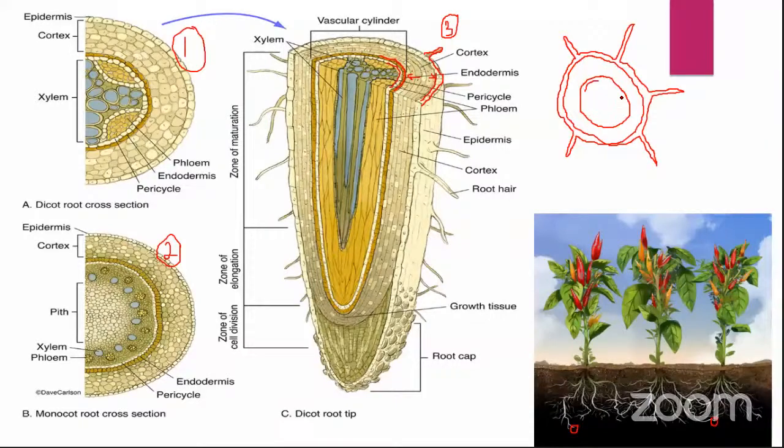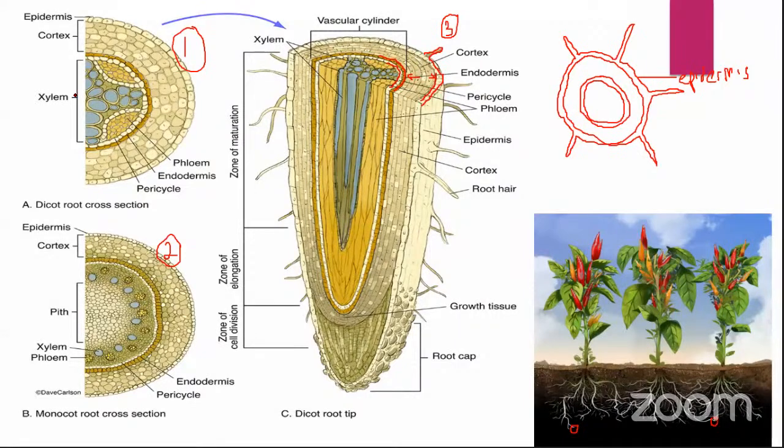Now so far, we have drawn the epidermis, and now we have drawn the endodermis and pericycle. Now inside the pericycle, this is where you're going to find the vascular bundle. When you hear the word vascular bundle, I mean phloem and xylem.